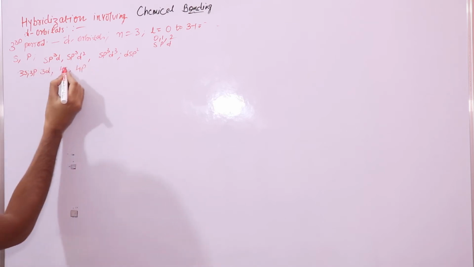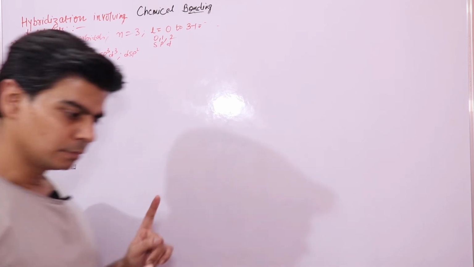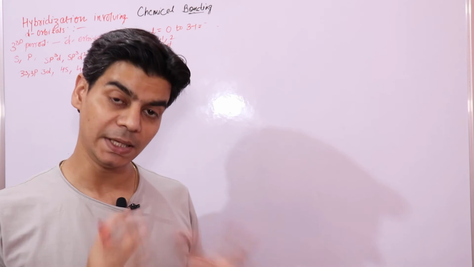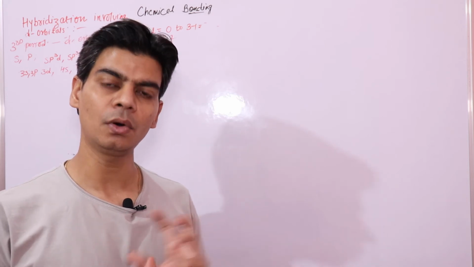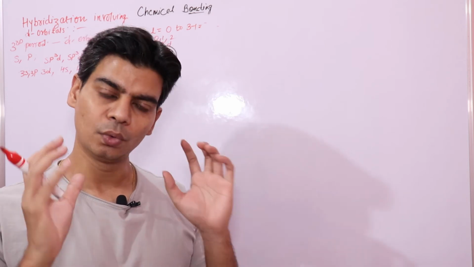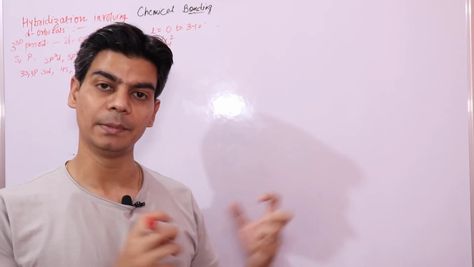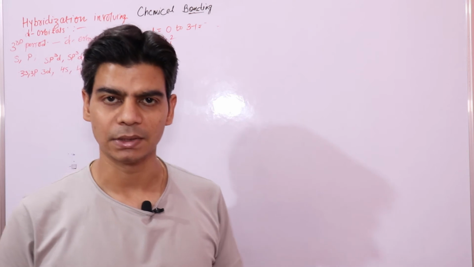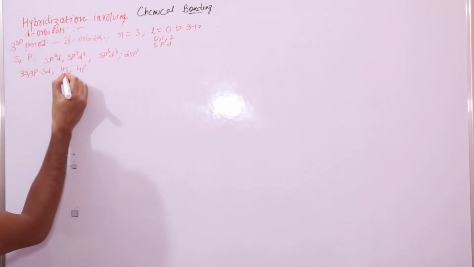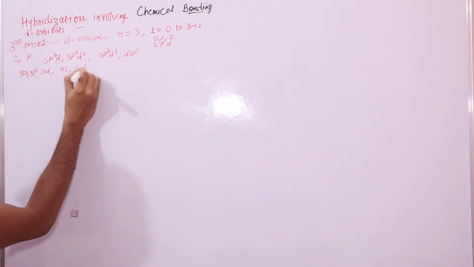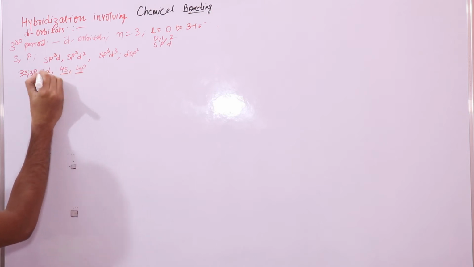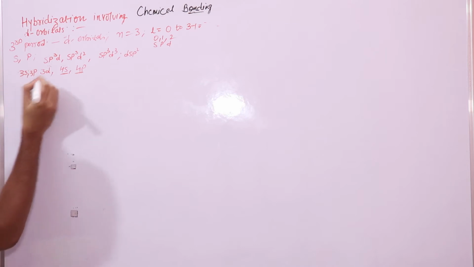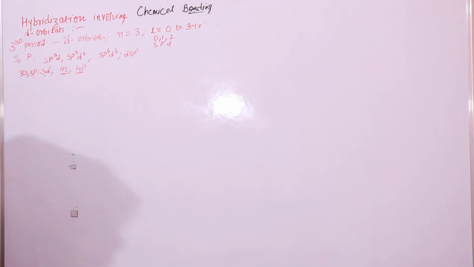One thing in hybridization: only those orbitals that have nearly the same energy will mix and merge to form hybrid orbitals. The energies of 4s and 4p are nearly the same as that of 3d. Similarly, the energies of 3s and 3p are nearly the same as 3d.